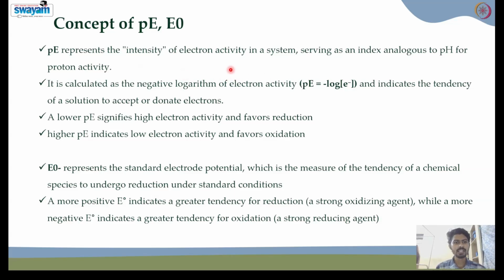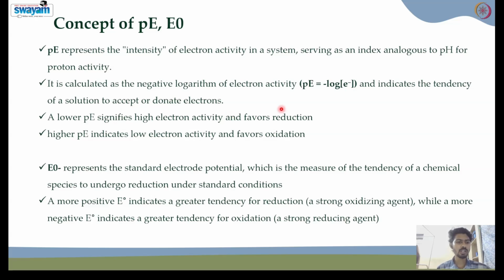So similar to that, the PE tells us the intensity of the electron activity. And how do we measure it? How do we calculate it? It is nothing but the negative logarithm of the electron activity. And it tells us the tendency of a solution to accept an electron or donate an electron. So if suppose a particular solution has a lower PE value, what does it tell? It tells us that higher electron activity is observed.